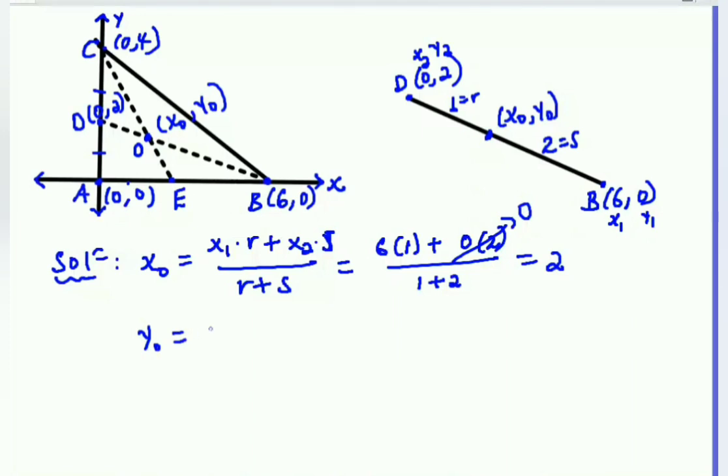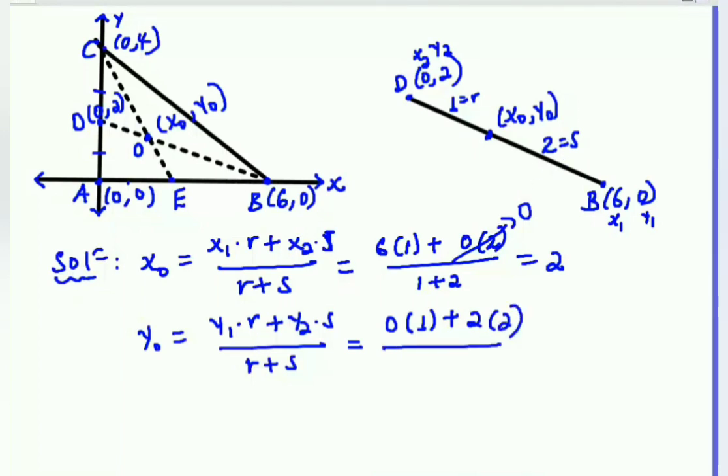And y naught is y1 times r plus y2 times s, over r plus s. Substitute everything here: y1 is 0 and r is 1, plus y2 is 2 and s is 2, over r plus s.